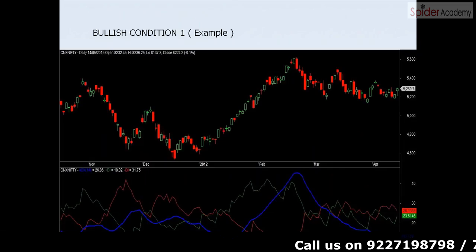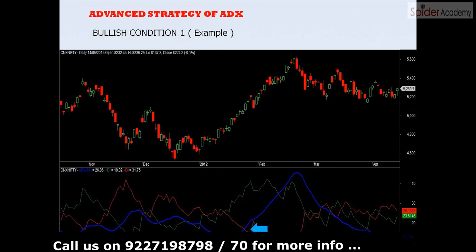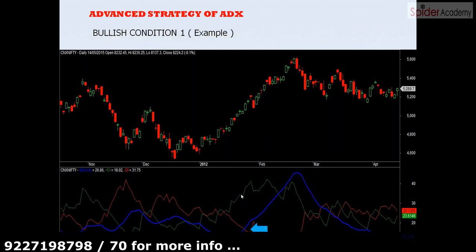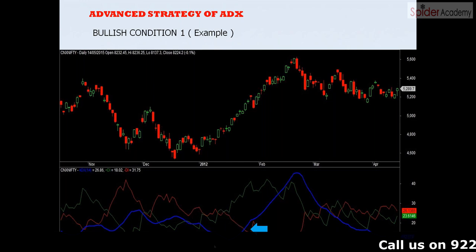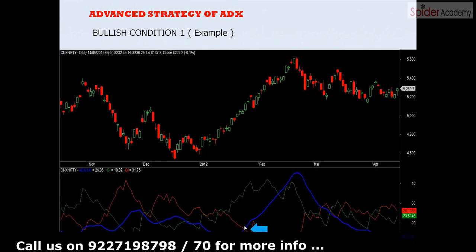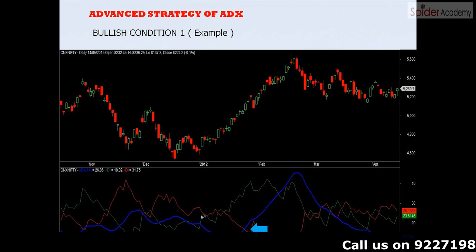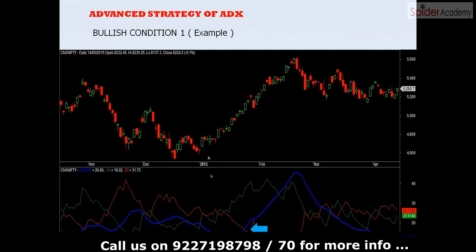Same Nifty chart. Green line, रेड लाइन के ऊपर है, एडीएक्स लाइन दोनों के नीचे है और नीचे से रेड लाइन को कट कर रही है. So basically in the basic strategy, green above red is a buy signal. So we are in a buy signal, but as you see here, the green cuts, again it cuts. So what happens? Stop loss.